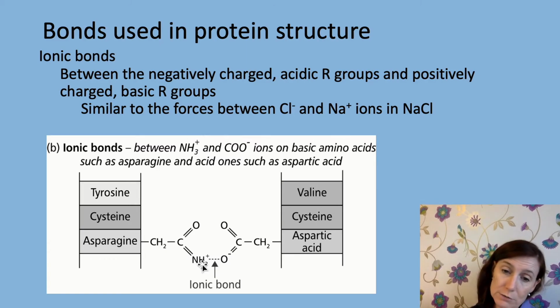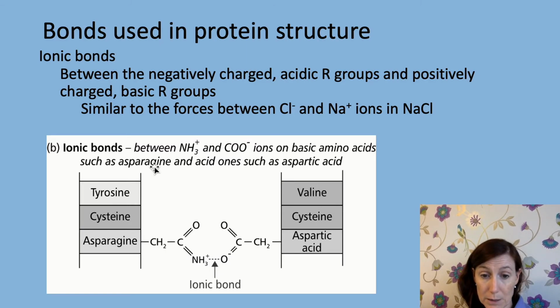So we get a positive charge on the amino group here, and the oxygen can lose the H, maybe that's where it went, and so it's negatively charged, and then we get an ionic bond between the negative charge of the oxygen and the positive charge of the hydrogen, and that holds them together.